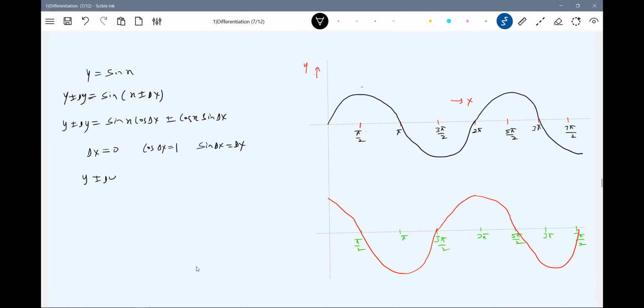Then y plus or minus delta y is equal to sin x into 1 plus or minus cos x delta x. Y and sin x will get cancelled. So plus or minus delta y is equal to plus or minus cos x delta x.